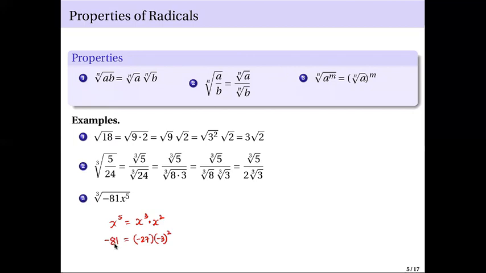Negative 81 in here. Sorry about that. So we have this guy here. So negative 27 times 3. But negative 27, that's equal to negative 3 cubed. And then we have multiplied that by 3 to get negative 81.